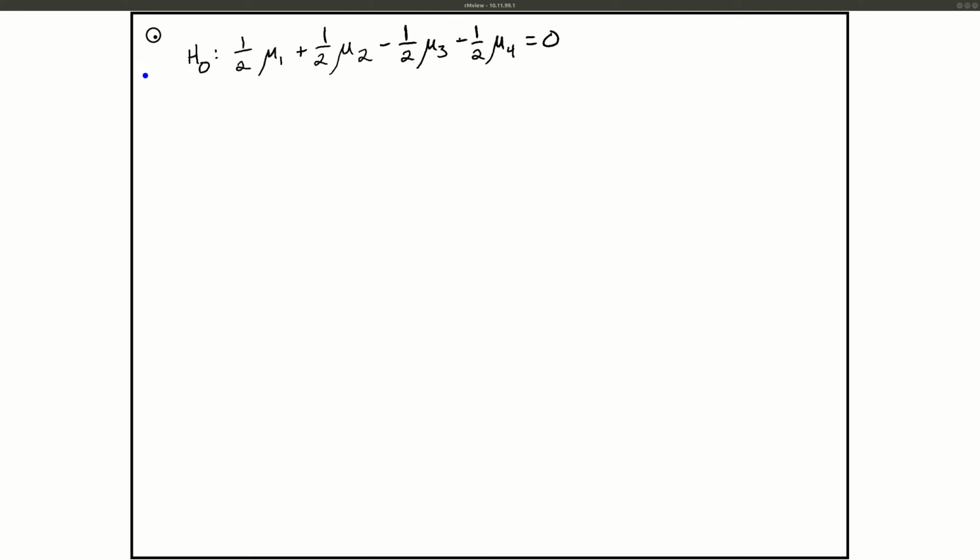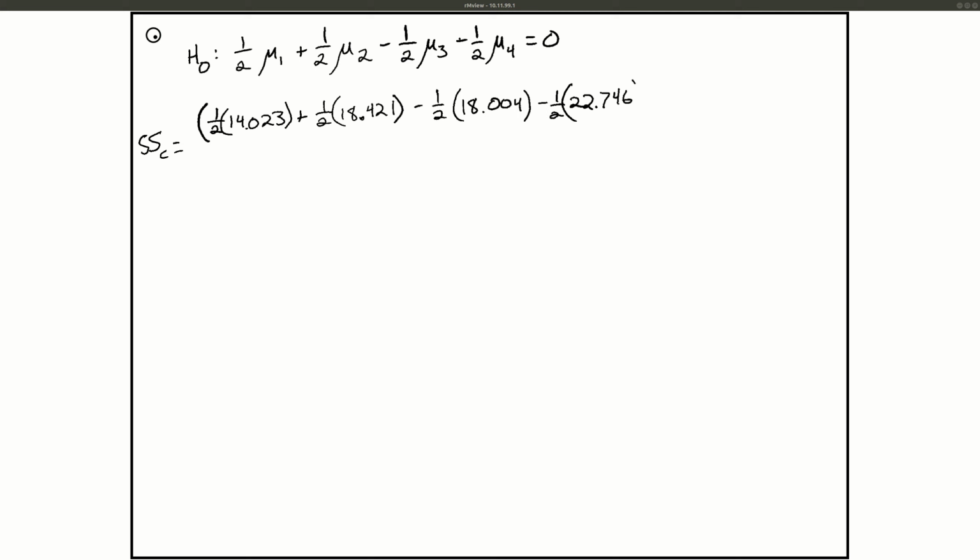Our sum of squares contrast, this will be a little bit long, is going to be 1/2 times 14.023, plus 1/2 times 18.421, that's our sample mean for the second recipe, minus 1/2 times 18.004, the sample mean for the third recipe, our estimate for mu3, minus 1/2 times 22.746, and the next coefficient is 0, so I'm going to omit that.